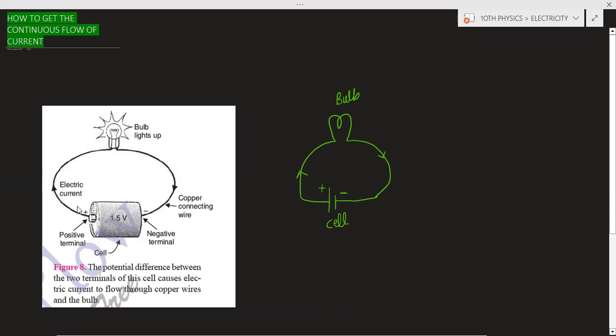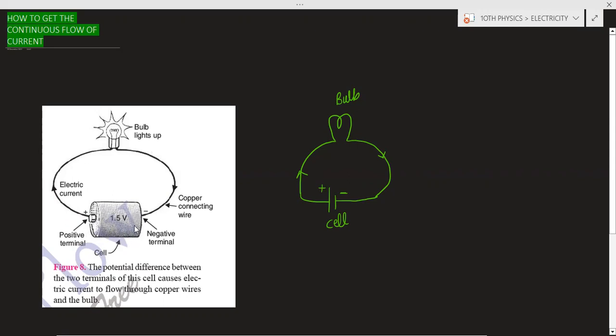This electric current will be continuous, because this potential difference is due to the cell. Until and unless you remove this cell, this potential difference will continue, and there will be a continuous flow of the current also. So if there is a flow of the current, the bulb lights up for the amount of time this cell is working properly.